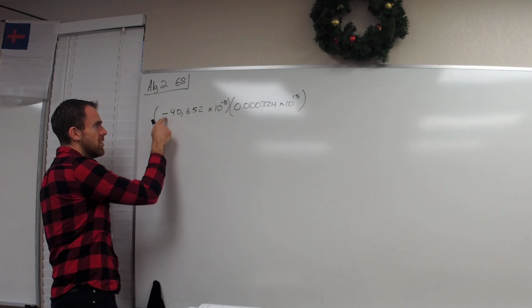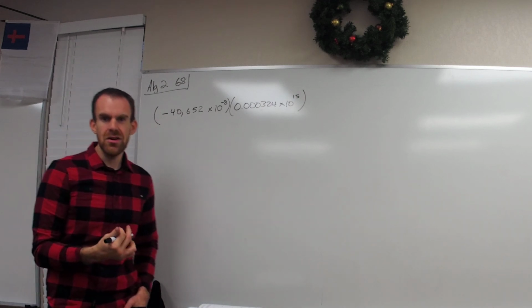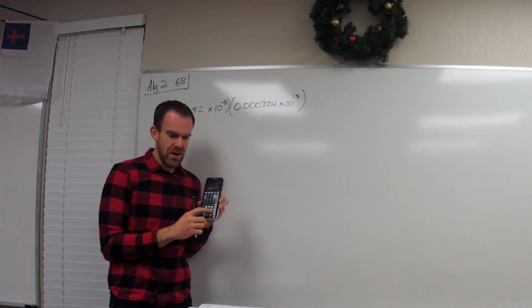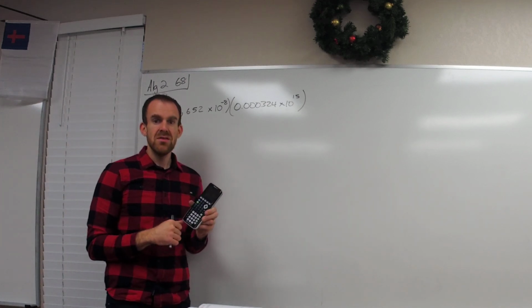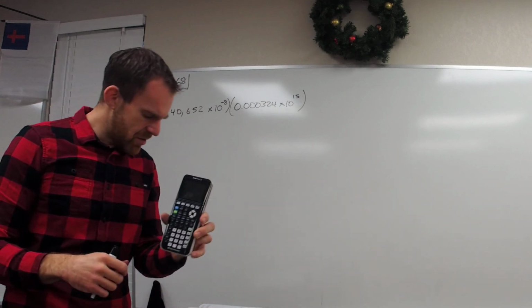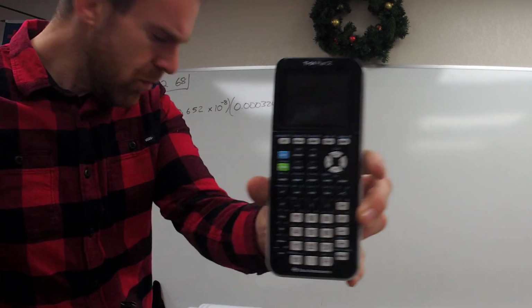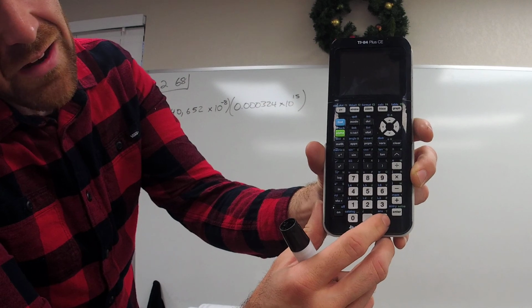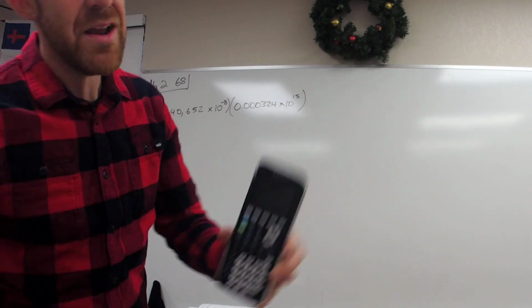Okay, first of all, on your calculator you have a minus button, and then you have a subtraction operator. There are 2 different buttons. The button at the very bottom of your calculator is your negative button. That is your minus button.